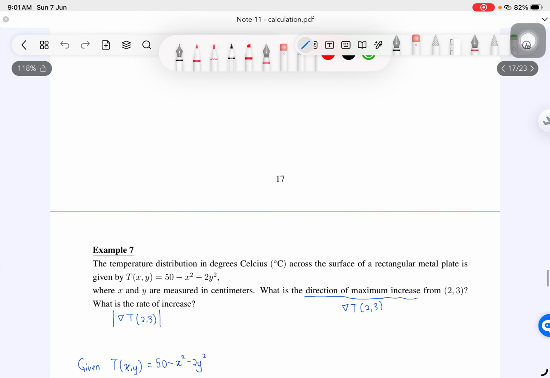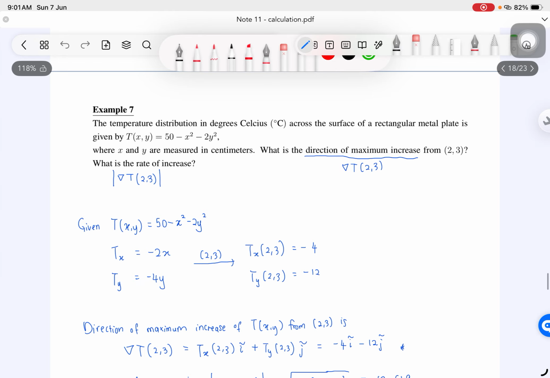Alright, let's go to example 7 here. The temperature distribution in degrees Celsius across the surface of a rectangular metal plate is given by a function T. So this is the function T given. The question asks, what is the direction of maximum increase from (2, 3)?